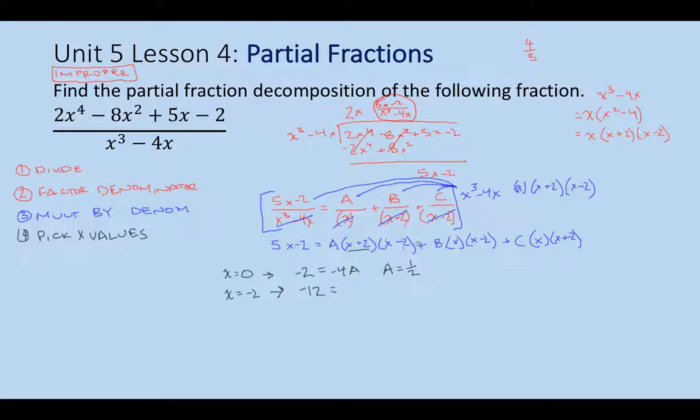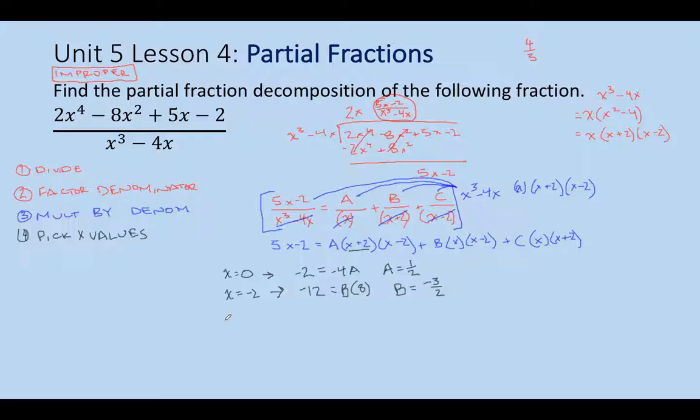So this whole thing goes away. When I plug in negative 2 here, I get negative 2 times negative 4, which would be positive 8. So this is going to be b times positive 8. But then over here, again, I plug in negative 2, that goes to 0, so the whole thing goes to 0. And then I divide both sides by 8, and I get b equals negative 3/2.